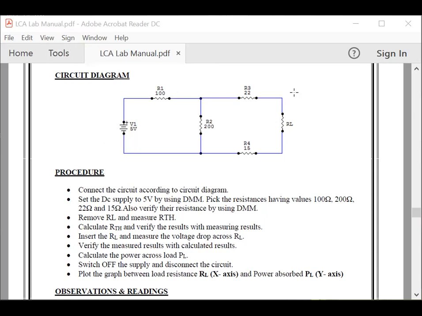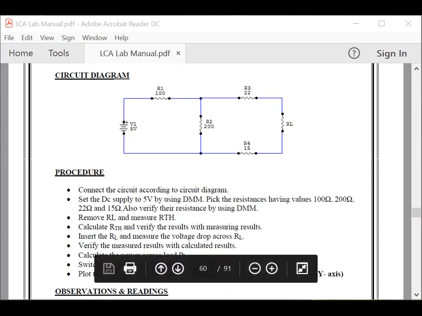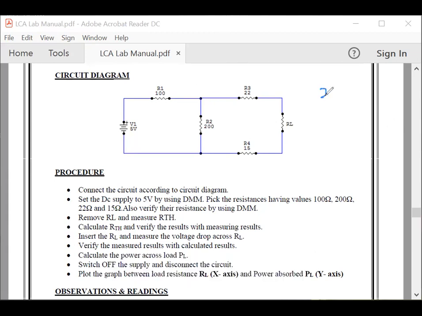So you can apply values in software, let's say, starting from 30, 60, 90, 3 values before RTH. So our RTH is 103. After 103, a 120 ohm resistor, 140 ohm resistor, and 180 ohm resistor.